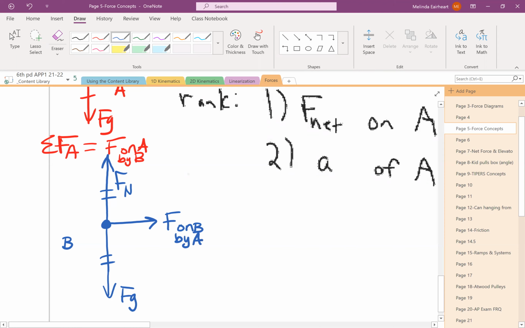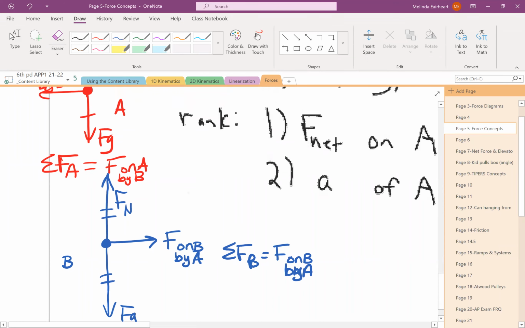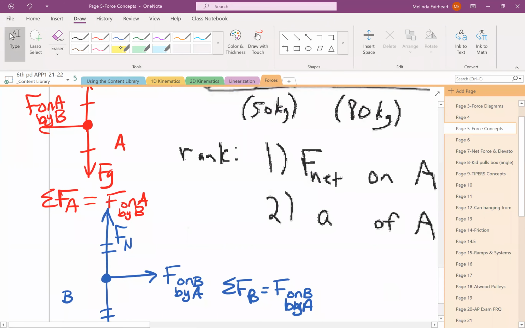And if our verticals balance, then the net force on B is just that applied force, right? So the question is, compare these two forces.